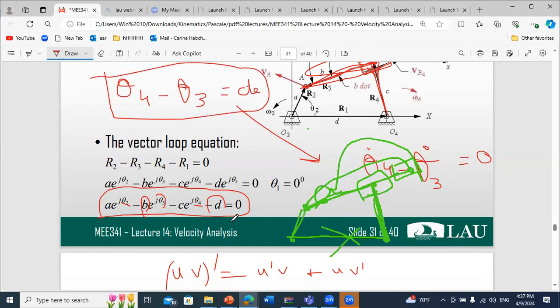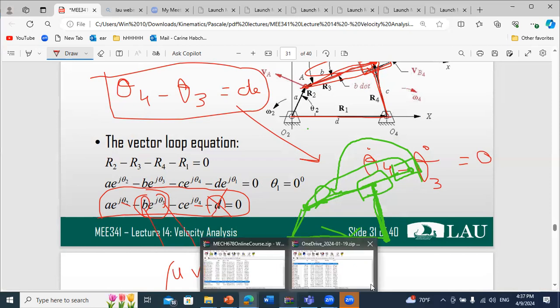Now we derive this relation. This vector is constant in magnitude and in direction, so when I derive it, this term will cancel out. The most challenging derivation will be for this one, because you have variable magnitude and variable angle. So you consider that B represents function U and theta 3 represents function V. When you want to derive U times V, you do U prime V plus UV prime.